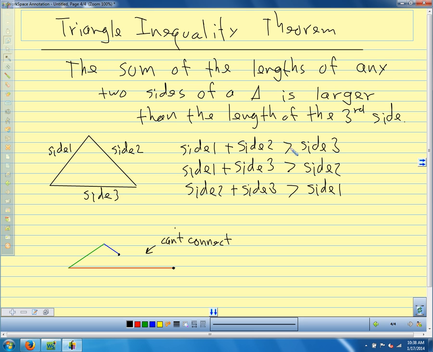And we notice it's greater than, not greater than or equal. If the two sides are exactly equal to the third side, then what we have is something like this. So here's my third side, and the other two add up to, I'm going to put them right on top here, exactly the length of the third side.